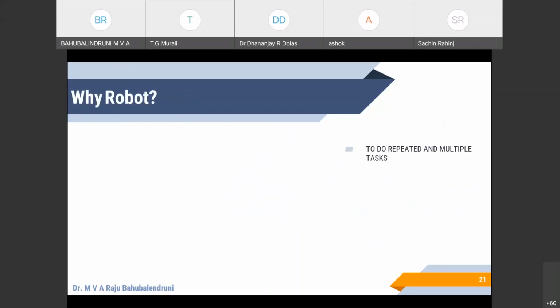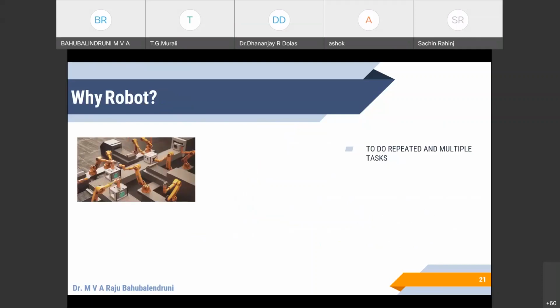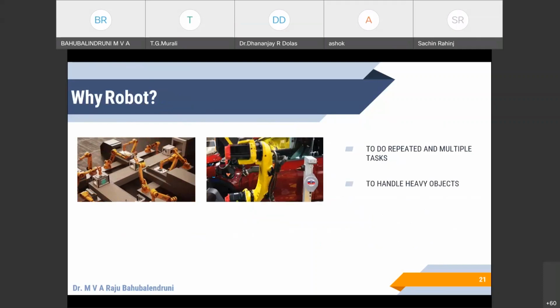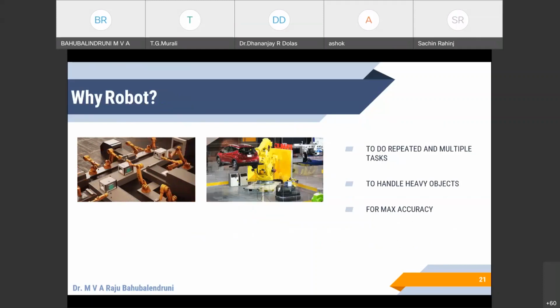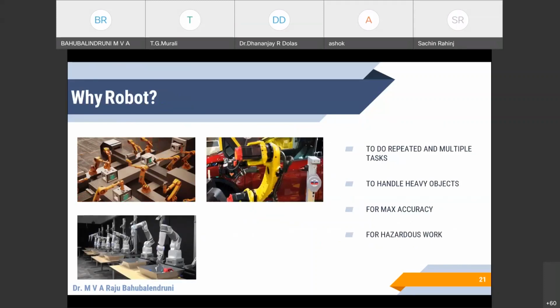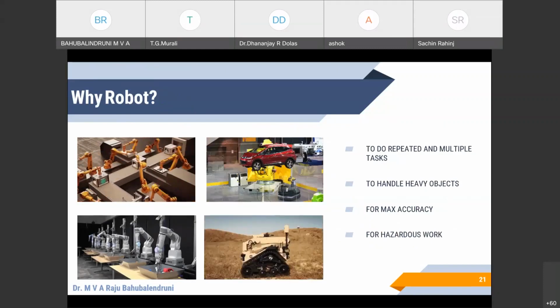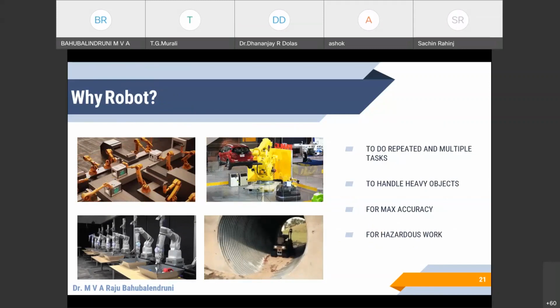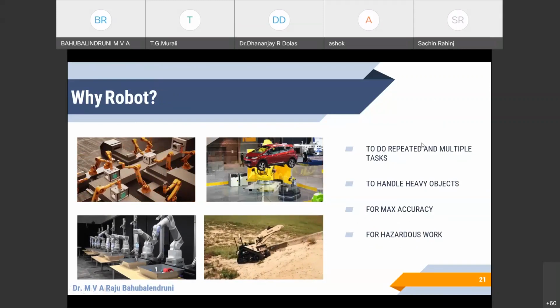We generally use robots to do repetitive tasks, to handle heavier objects, to attain maximum accuracy in manufacturing, and to work in hazardous environments. These four are typically the limitations of humans, what we cannot do.